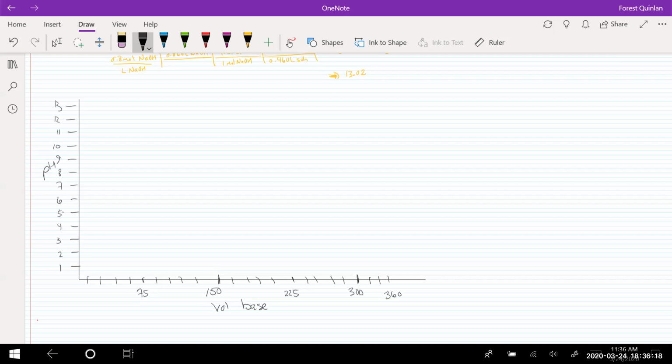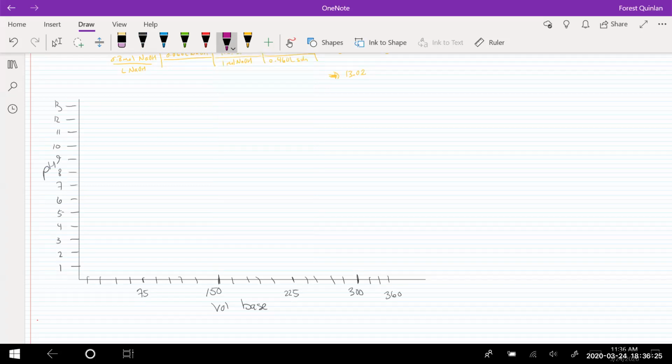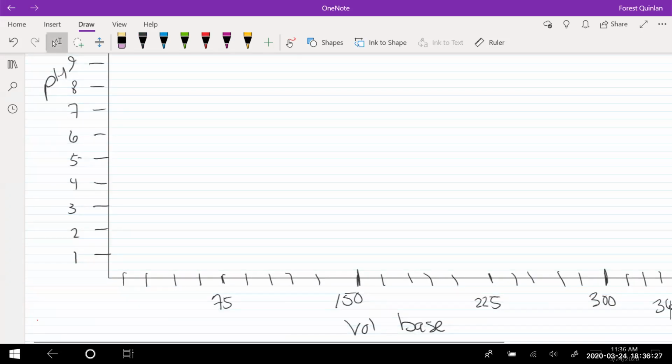Now, if I can do this, I can do big fat ones there. So our initial point was 1.93.